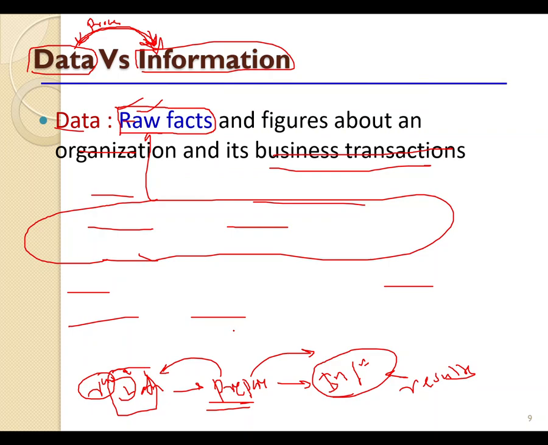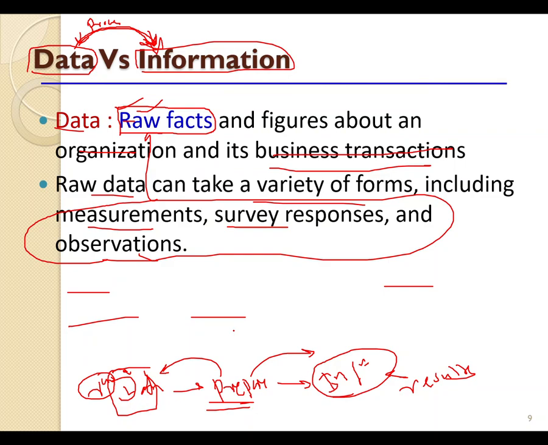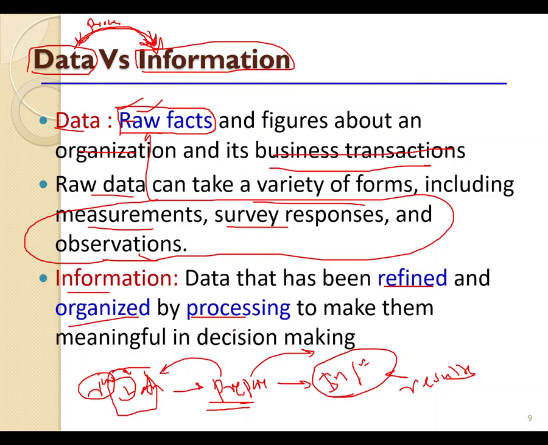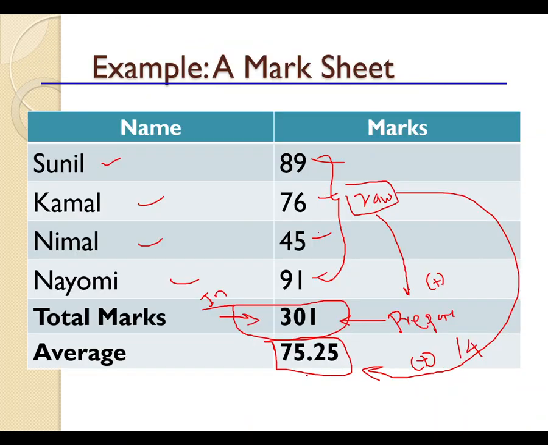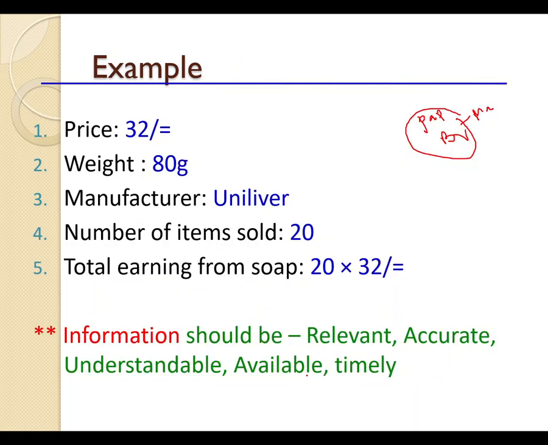So remember that data are defined as raw facts, and information is processed data. So after preparing data, the information is prepared, and I went through some examples. Finally, I said the value of good information, so the features of good information: they should be relevant, accurate, understandable, available, and even up to date or timely.